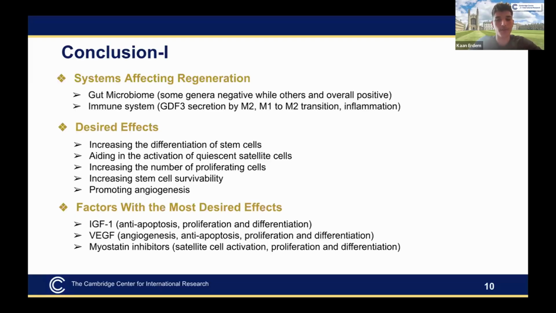Regarding all of these criteria, among the biological factors that I have reviewed, IGF-1 through its anti-apoptotic, proliferation-promoting and differentiation-promoting effects, VEGF through its important role in angiogenesis, its anti-apoptotic effects, and its role in proliferation and differentiation, and myostatin inhibitors through their role in satellite cell activation, proliferation, and differentiation, have been identified as the most effective biological factors that hold the most promise and should be researched more.